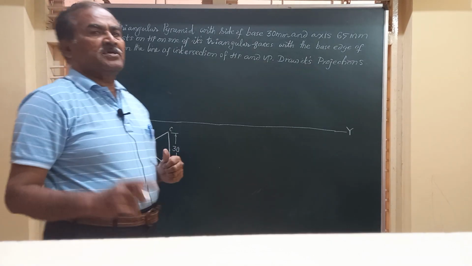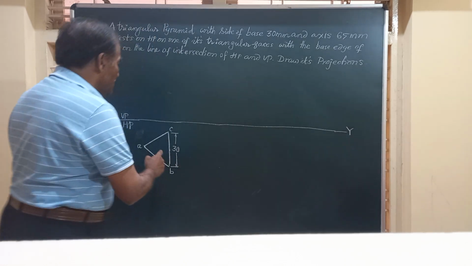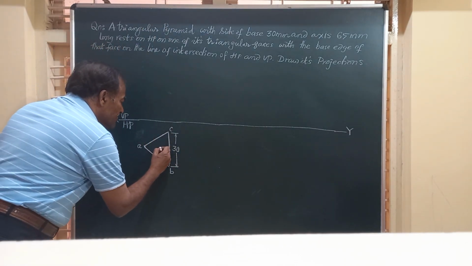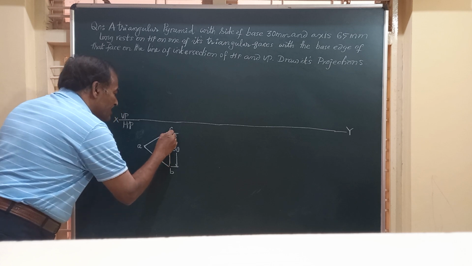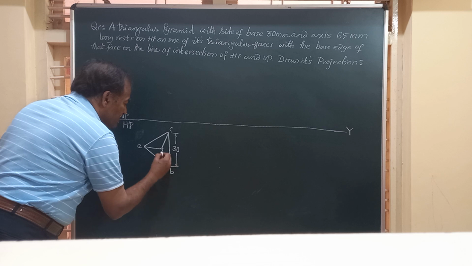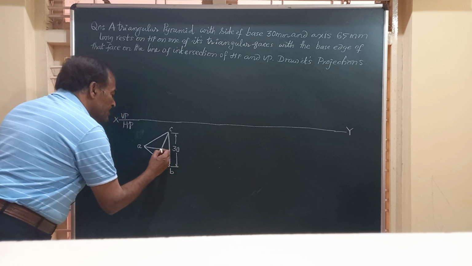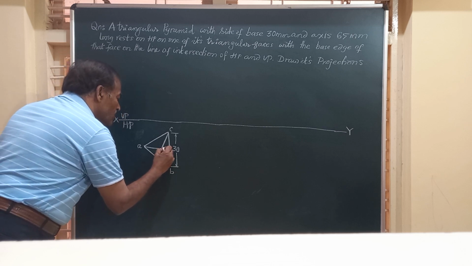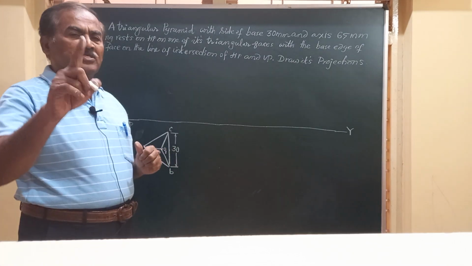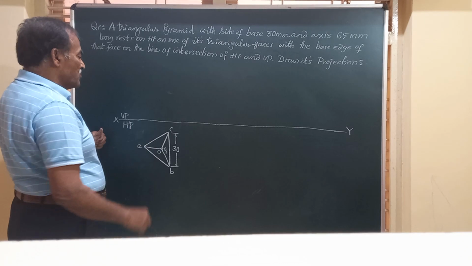Friends, for the pyramids, the center of the base is to be joined to all the corners. So I just join A, B and C to that center. Friends, you will call this as O, comma O1. O1 is the center of the base and O is the vertex.